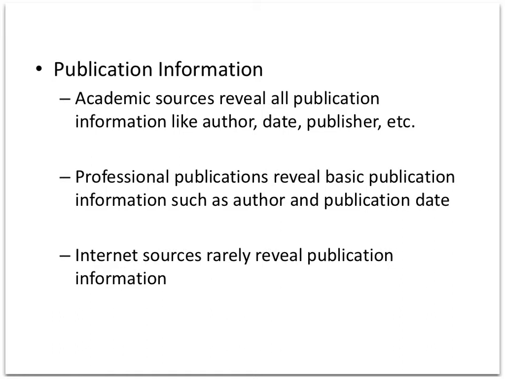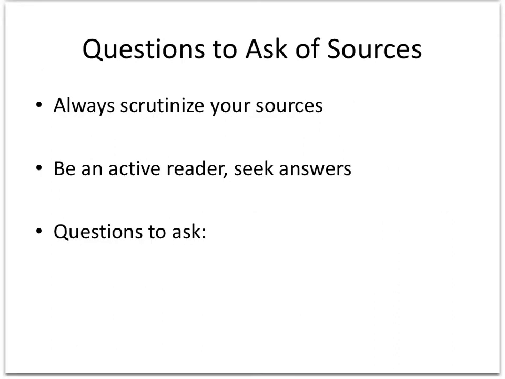Some websites may or may not include the publication date, so be aware of that. We want to be aware of how old or who wrote or who published any particular source, mainly because we want to know how old that source is, how new it is.